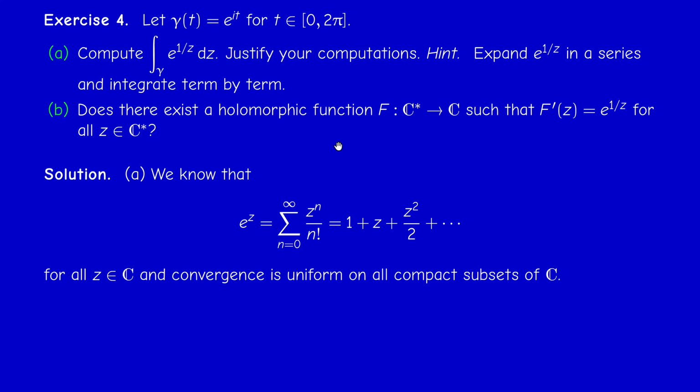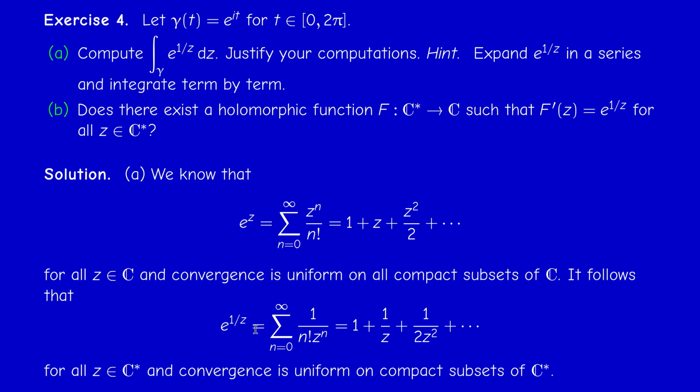So otherwise, the question is: does e^(1/z) possess an antiderivative on C star? Okay, so we first start by recalling the formula for e^z and the fact that convergence is uniform on all compact subsets of C, as we observed earlier. And now we just replace z by 1 over z, so we still have this expansion of e^(1/z).